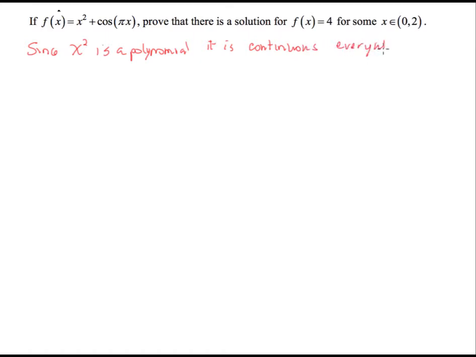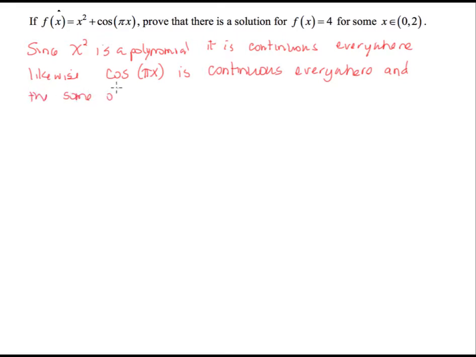And cosine of pi x is also continuous everywhere, because the sine and cosine functions are always continuous. And finally, if I take a continuous function and add another continuous function, I know that sum is also continuous. This is one of the properties of continuity. So from that, I know that f of x is a continuous function, and I can use the intermediate value theorem.